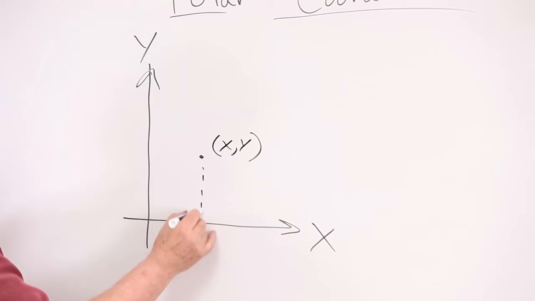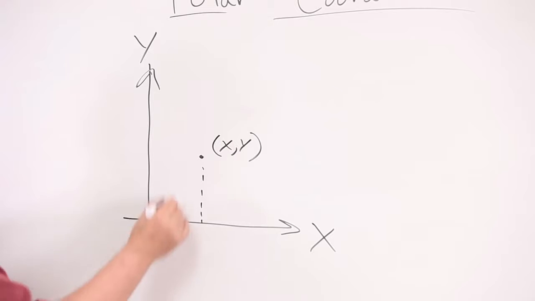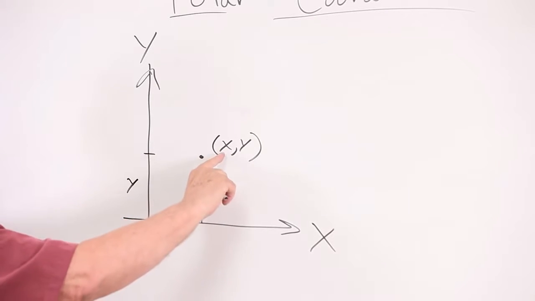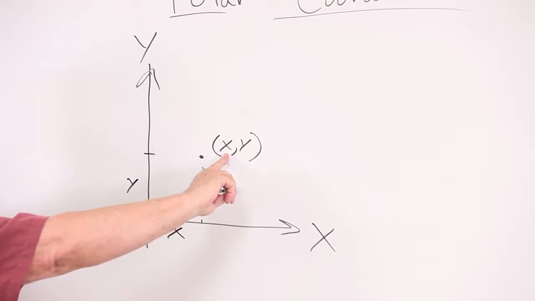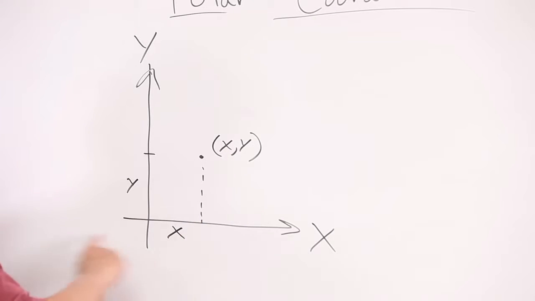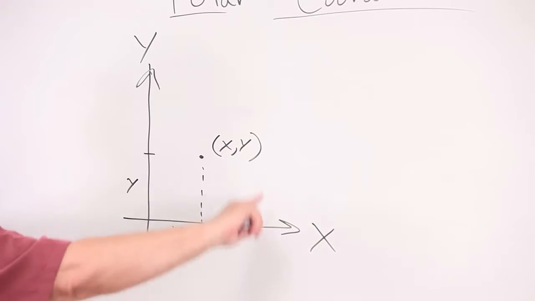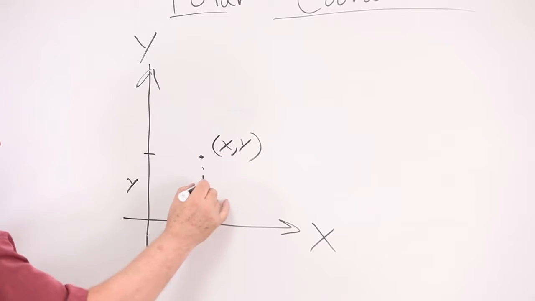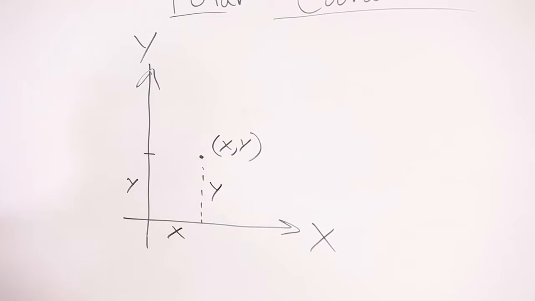That meant you went over x and up y, because we said the first number in our ordered pair was the horizontal or the x values or input. The second was our vertical values or our output. So if this was 2, 3, we'd go over 2 and up 3. But it's x, y, so we're going to go over x and up y. So this is our y over here also.